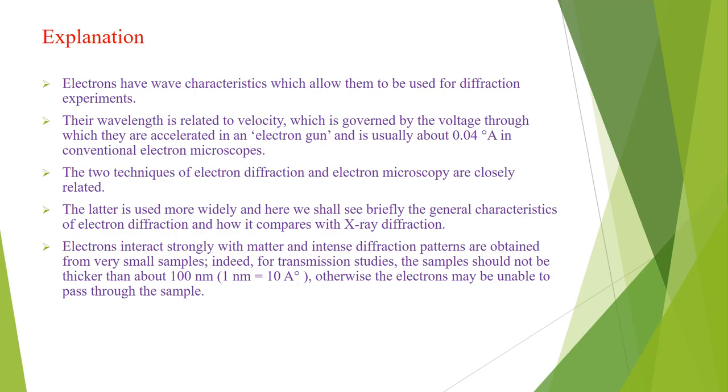Indeed, for transmission studies, the sample should not be thicker than about 100 nanometers, and we know that 1 nanometer is equal to 10 angstrom. If the sample is thicker than this limit, the electrons may be unable to pass through the sample.